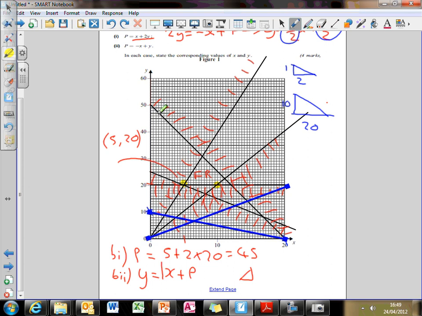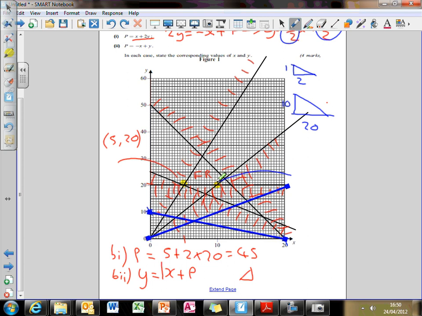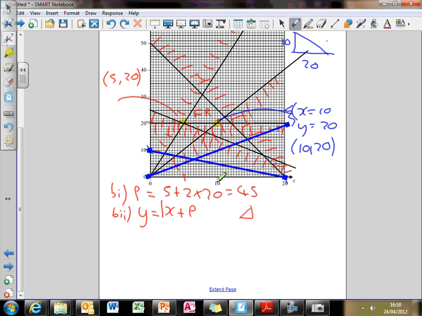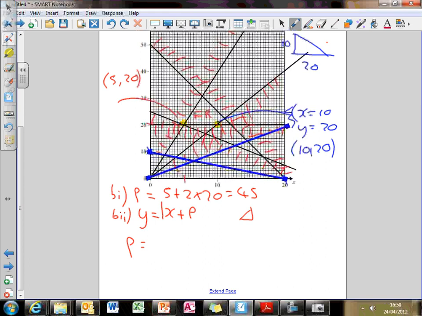It corresponds to x equals 10, y equals 20, i.e. we're at the coordinate 10, 20. So, in terms of P, because P was equal to minus x plus y, that's equal to minus 10 plus 20. Therefore, P is going to be 10. And that's the answer to B part 2.